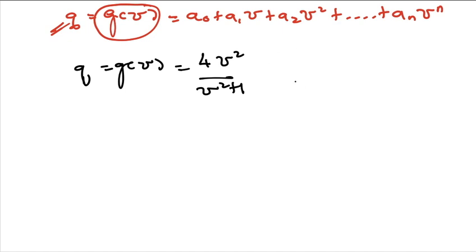What's the domain? Because regardless of what happens to the v value here, you still have a number here, isn't it? Even if v is 0, you still have a number in the denominator. So it has a domain between minus infinity and positive infinity.